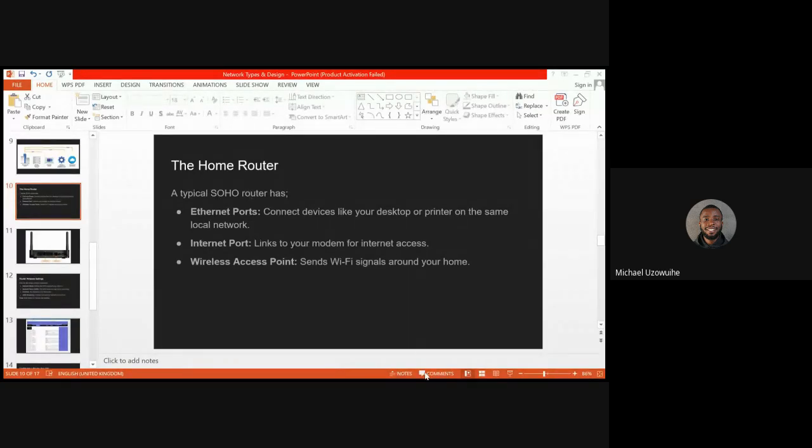So today we want to talk about a special device which all of you know about. I guess we have gotten accustomed to this device, by name or by what it does, whichever case it might be. It is the home router. The home router is a major device that connects our local network to the internet. It helps in the transmission of messages from the internet to our local network and from our local network to the internet.